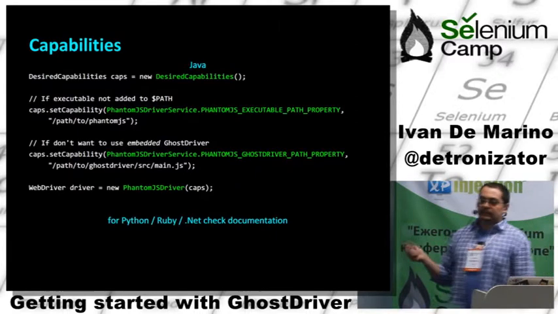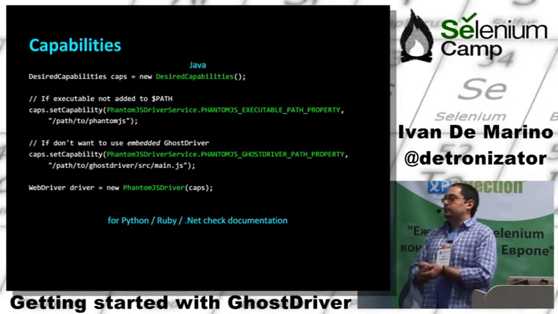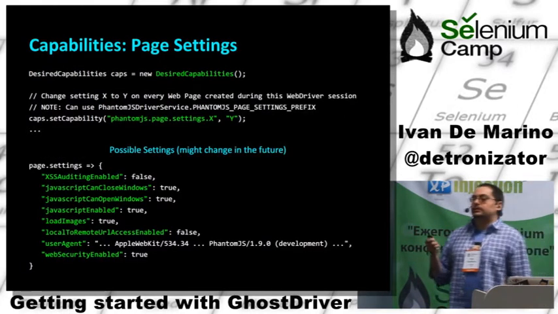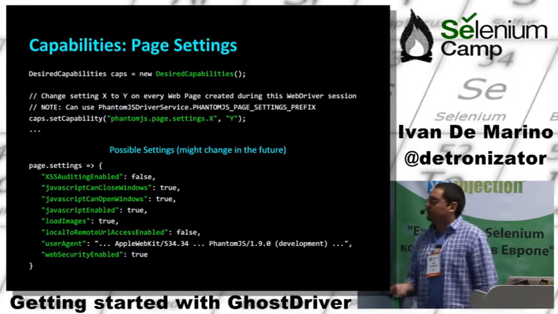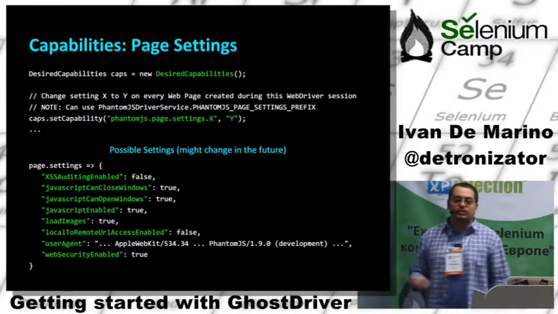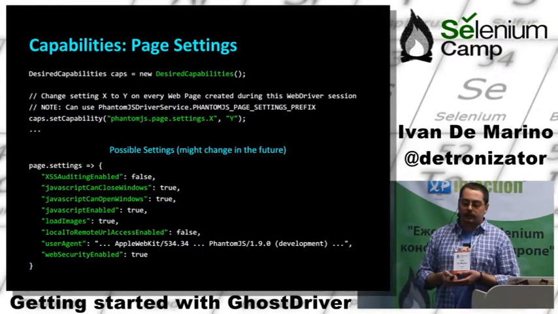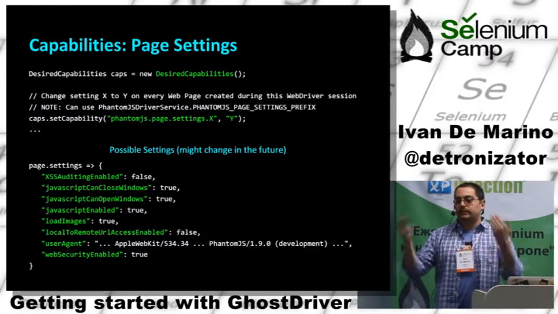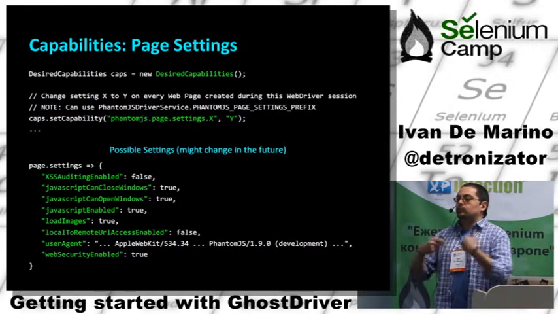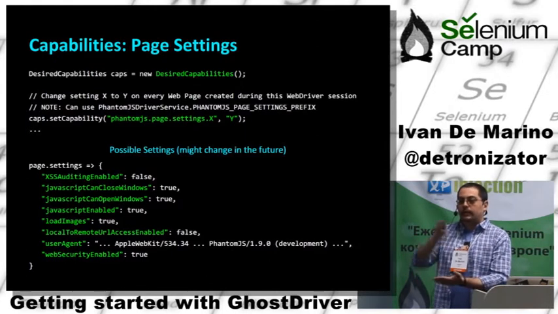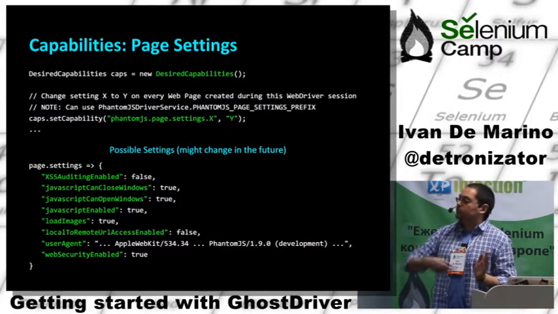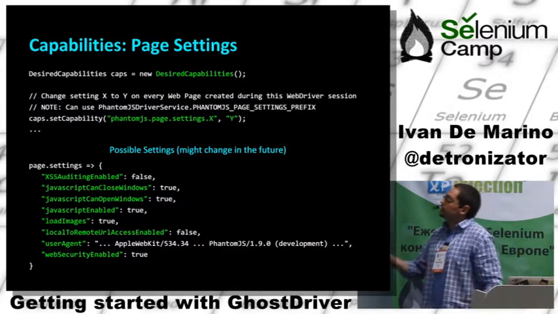Unfortunately, this will make more sense to the few people that know PhantomJS. One of the requests that I got when I was starting to develop the project is that people wanted to pass specific settings to the page object that PhantomJS internally creates. There was no way to do it because the WireProtocol was sort of defining a barrier, and because it was not supported directly, it was not possible to define these specific behaviors.